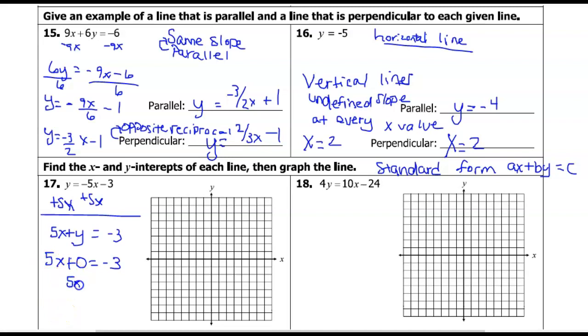Well, that's just 5x equals negative 3, and divide by 5. That is going to be x equaling negative 3 over 5. So there's my x-intercept. Let's write that up there.